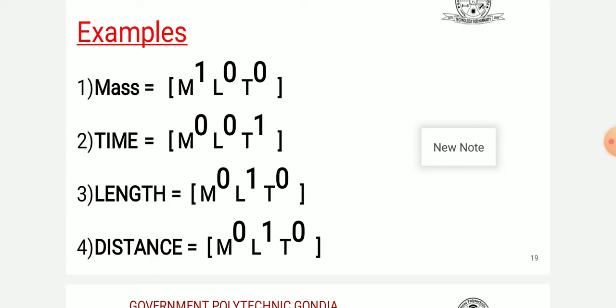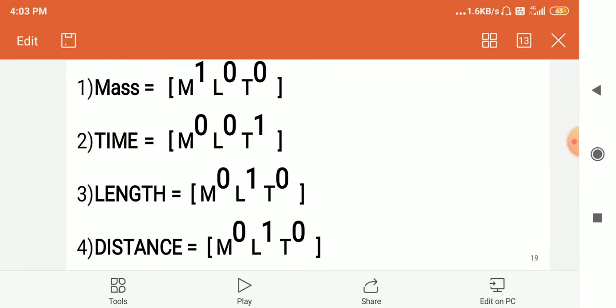So what about their powers? See, the first quantity is mass. There is only mass. It means that the power is 1. Even if the power is not mentioned, we understand that if there is nothing, it means that the power is 1. So I am giving power 1 to the mass term.